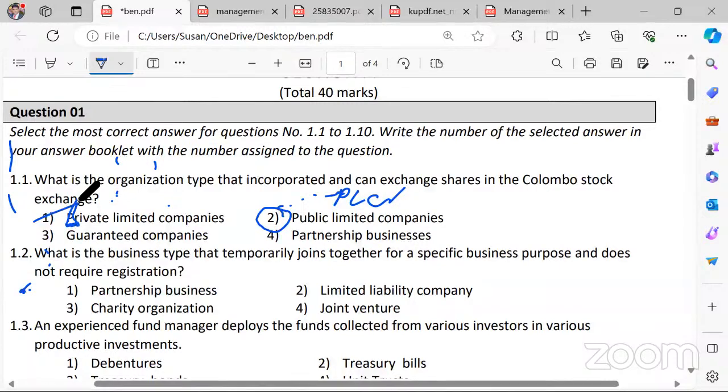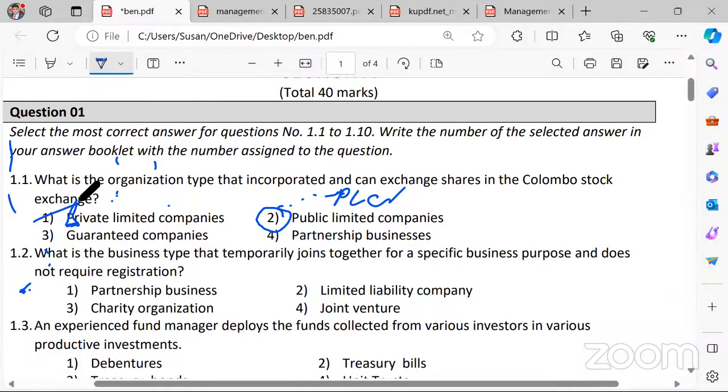As an example, think a company is going to bid for a big tender, such as highway construction. That requires big capital. If one single company doesn't have the capital, they can go for this type of business model and finally go for the tender.